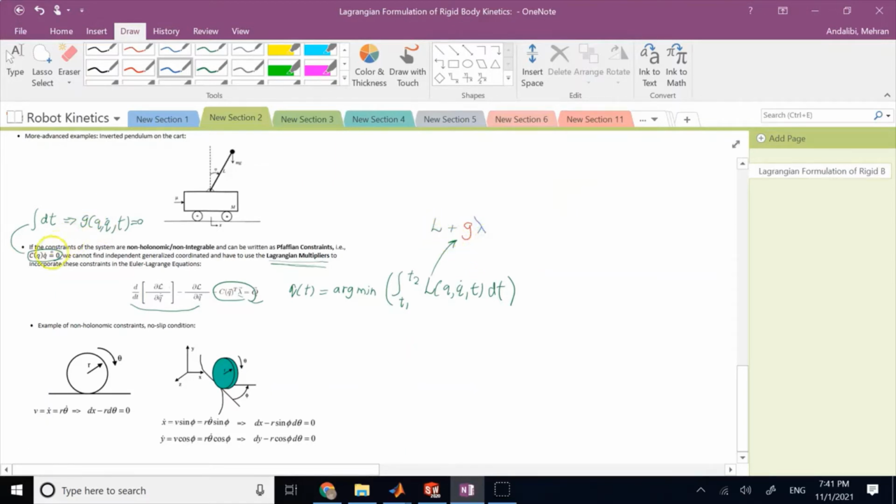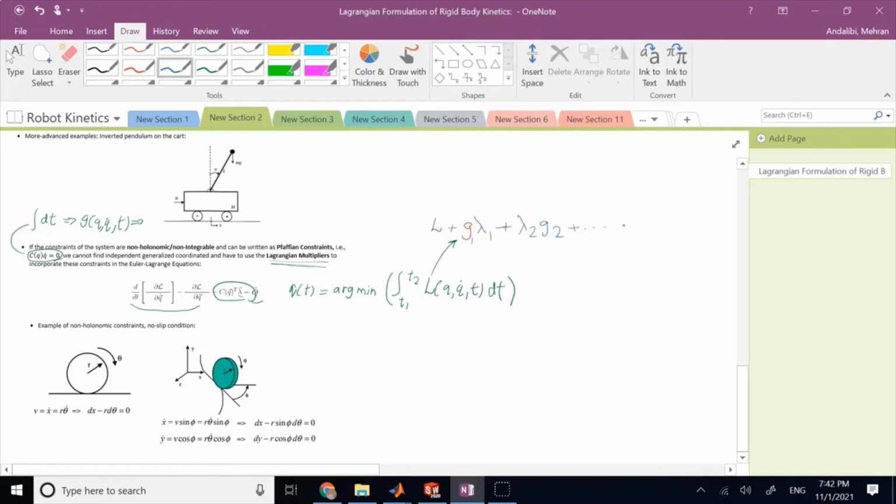If you have several constraints, which means several g's, then you have to add several lambdas. So if you have g1, g2, and so on, it's going to be lambda 1 g1 plus lambda 2 g2, lambda 3 g3, and so on for as many constraints as you have.